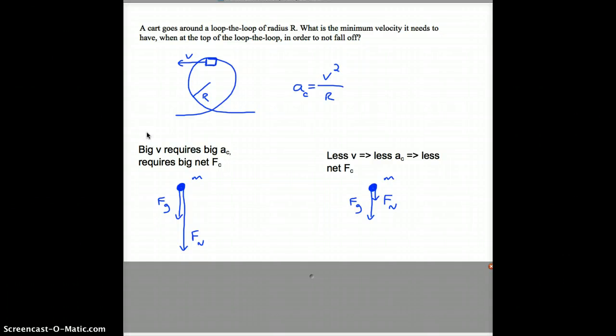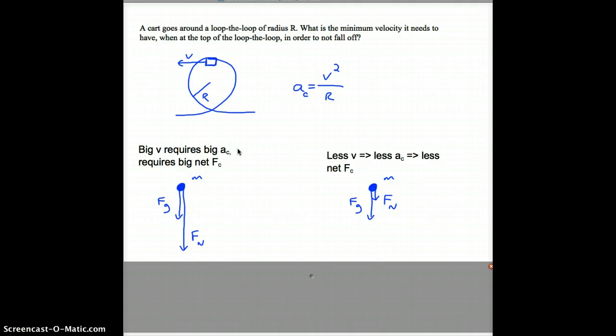And so if there's a large velocity, well, that requires a large acceleration to keep redirecting that velocity vector. In order to have a large acceleration that redirects a velocity vector around a circle, you need to have a large force acting in the centripetal direction, or a large net centripetal force.